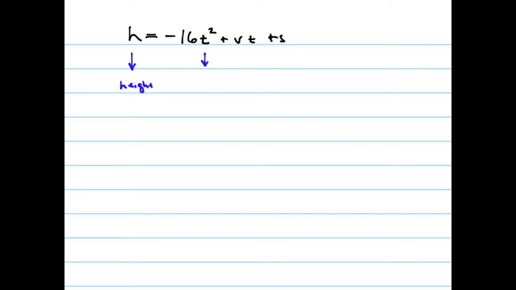T squared and t, of course, represent time. V is initial velocity, which applies if the object is thrown or launched by some method. But if you drop it, there's no initial velocity because there's no added force. And s is your starting or initial height.